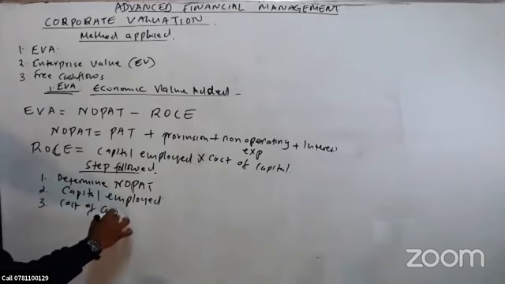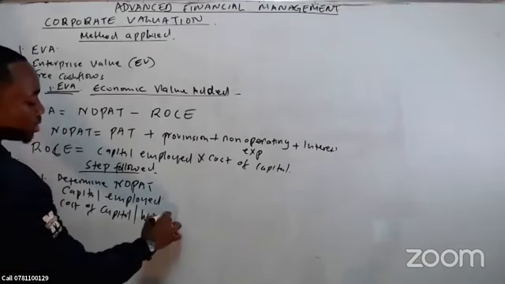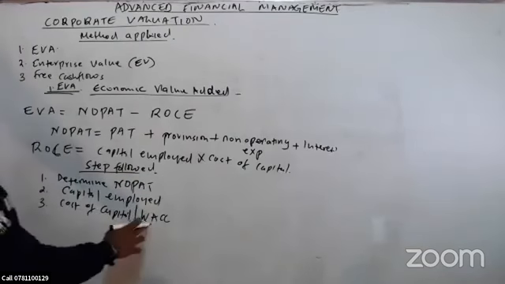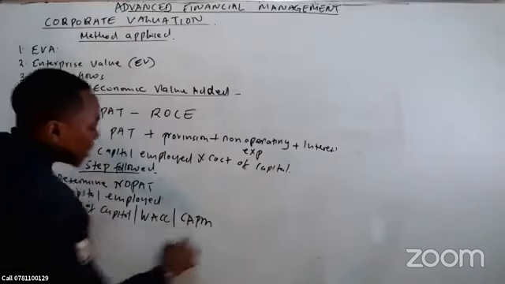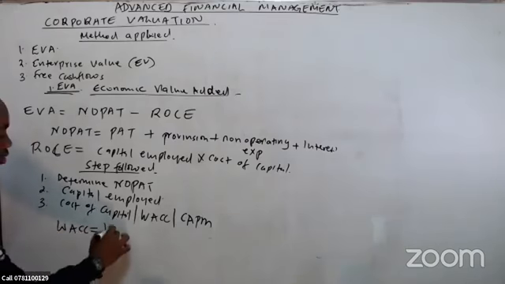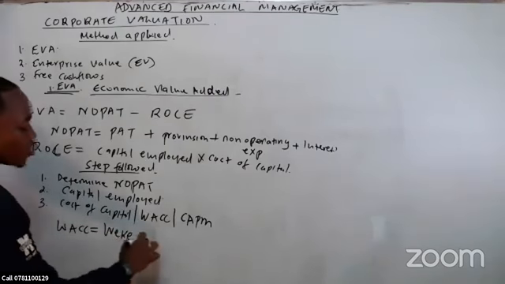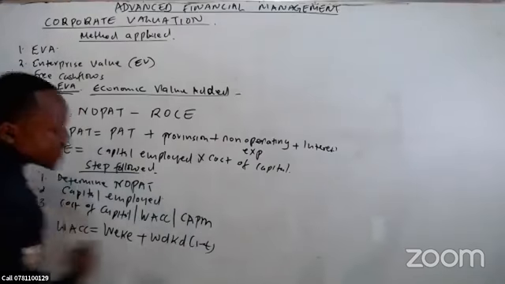Whenever you're not given the cost of capital, you can use WACC, and whenever you're not given the WACC, you can use the CAPM formula. The WACC is the weight of equity times the cost of equity, plus the weight of debt times the cost of debt, net of tax.